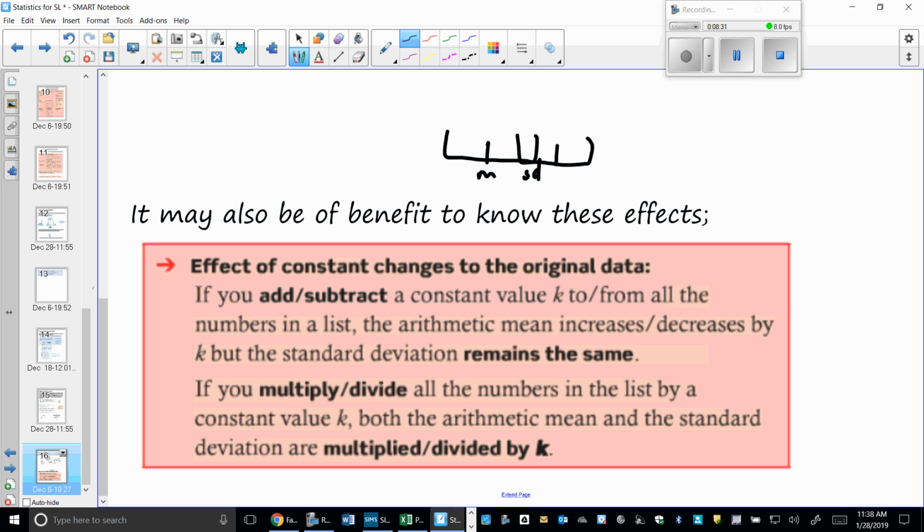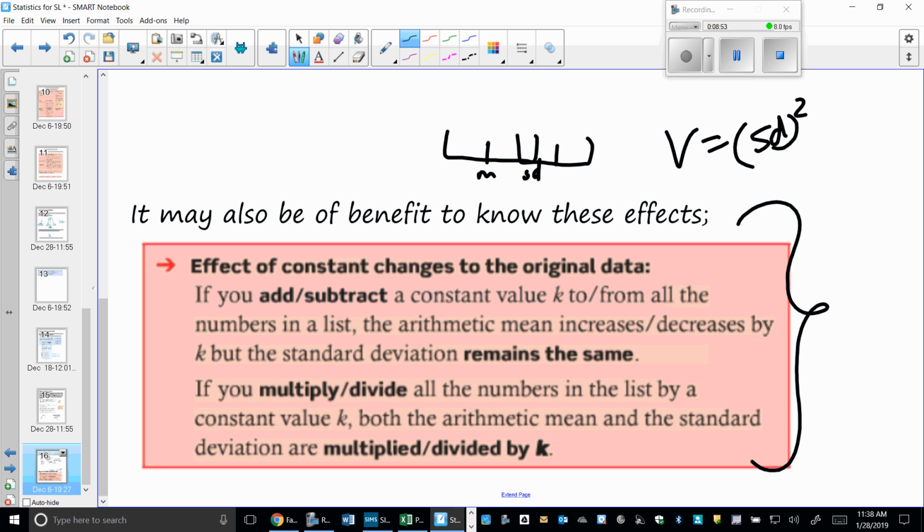So just have a look at this and try and absorb it, because as I say, they're becoming more and more popular questions to ask. The variance is the standard deviation value squared.